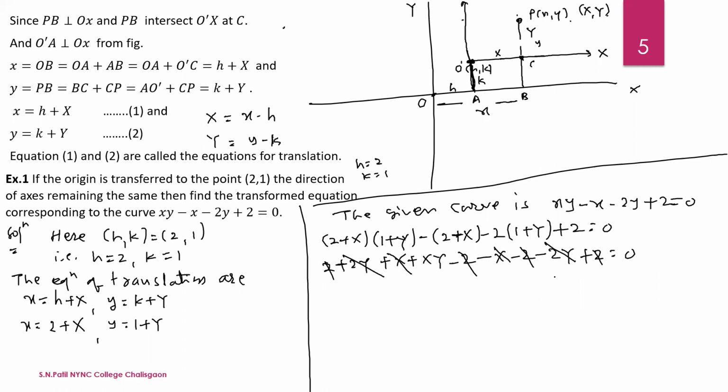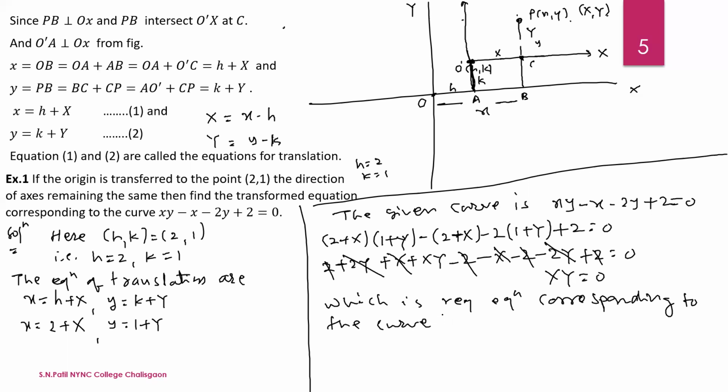Minus X plus X is also cancel, and the remaining term is capital X capital Y is equal to 0. Okay, so this is the required transformed equation corresponding to the curve xy minus x minus 2y plus 2 is equal to 0.